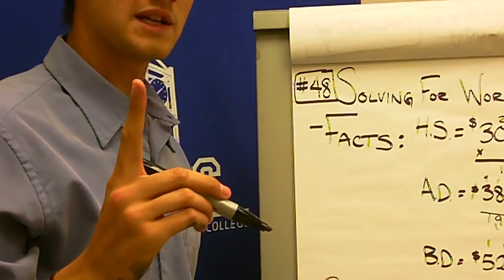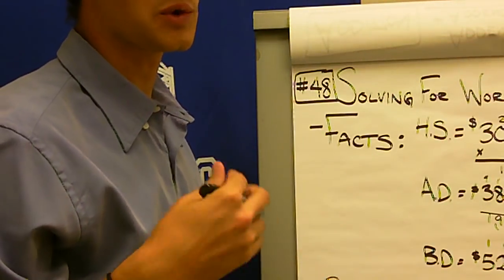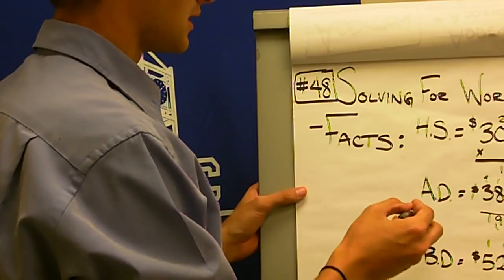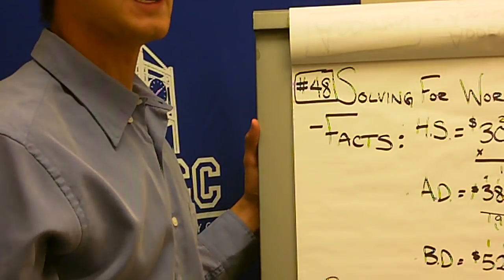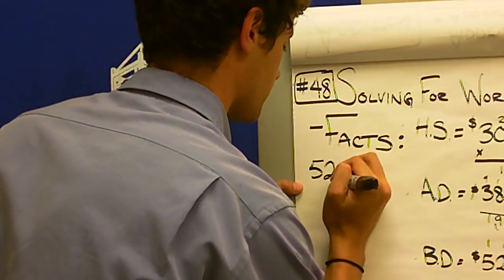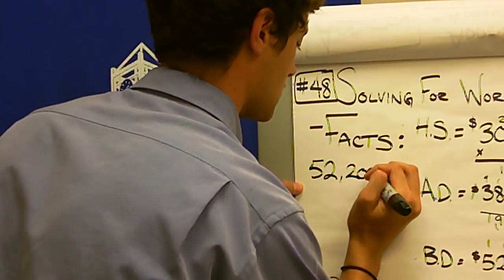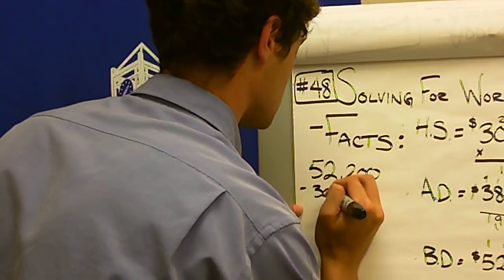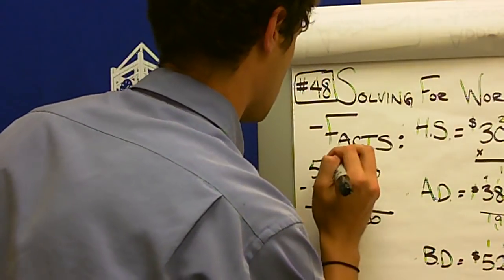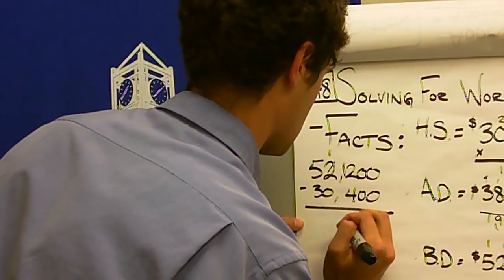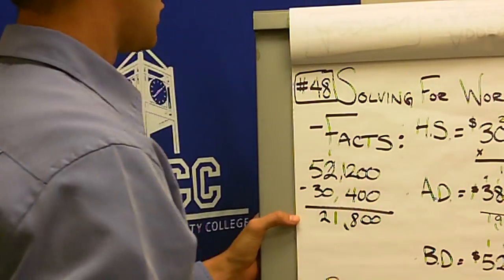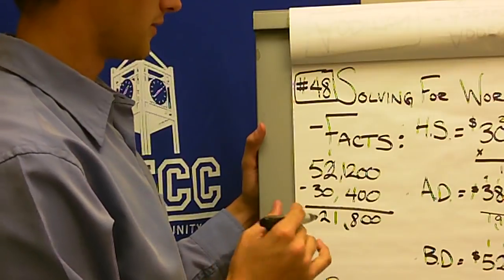Is there only one way to figure out a math problem? There's not. There are always quite a few routes. Another way we could do this is by looking at the salaries, finding the difference of those, and then multiplying by the years. So we could have done 52,200 minus 30,400, which gets me a difference of 21,800.